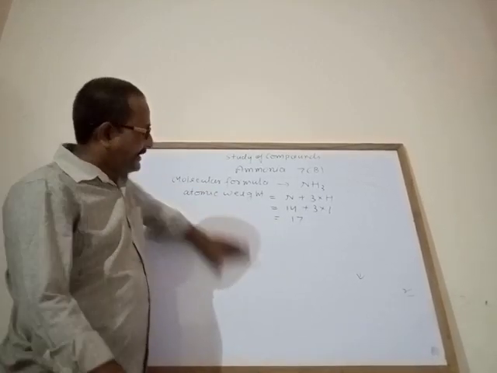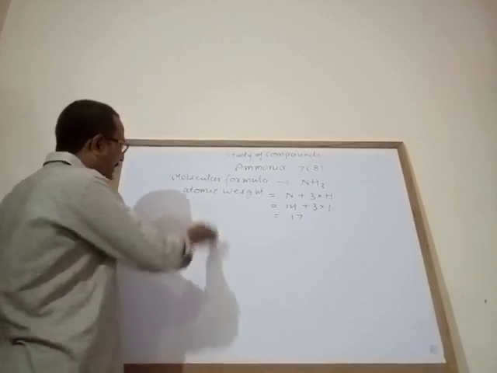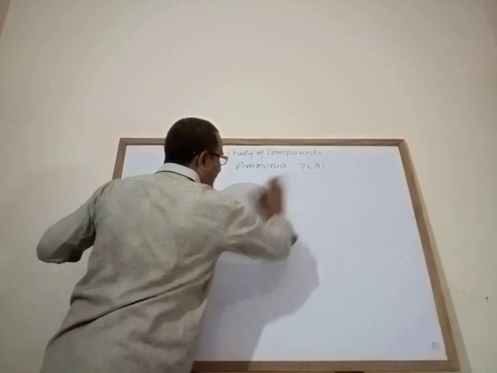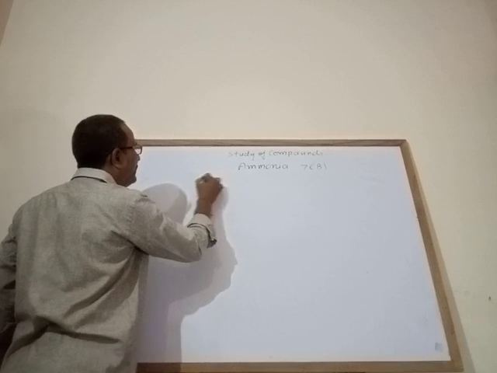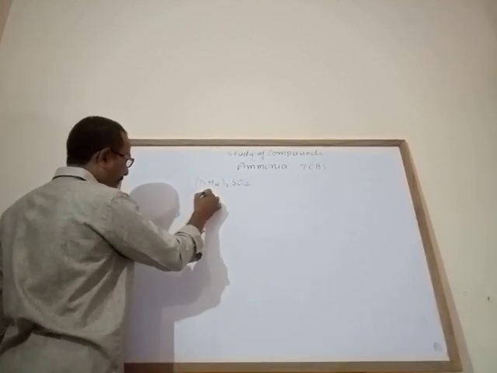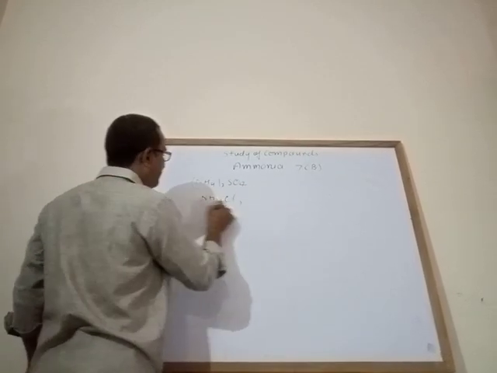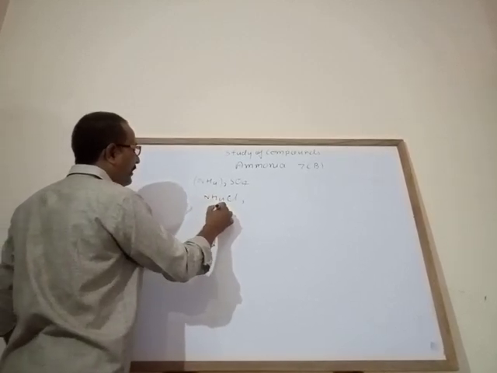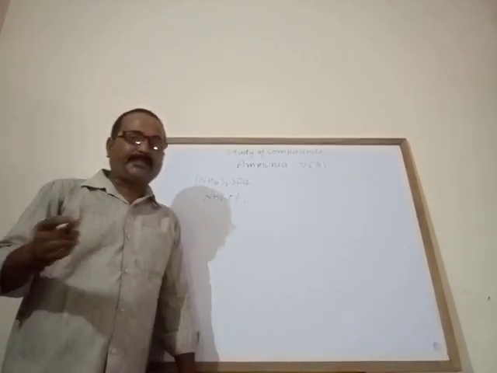In the combining state, ammonia occurs in many compounds, like ammonium sulfate, ammonium chloride, ammonium carbonate, diammonium phosphate.